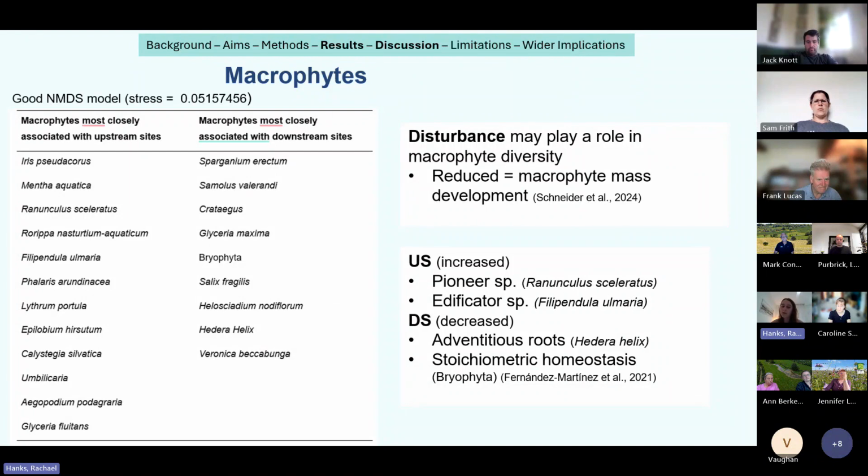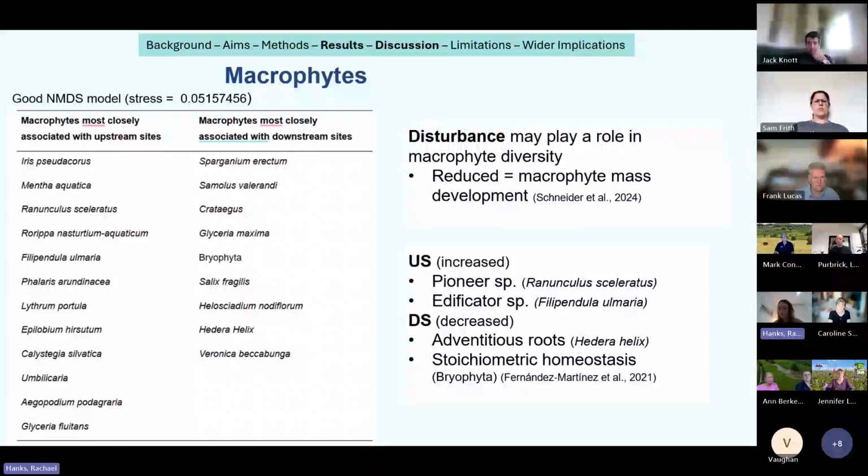When I looked into these species, it showed that maybe disturbance could play a role in what macrophyte species I was observing, as it's been shown that in areas with reduced disturbance, both anthropogenic and natural, macrophyte mass development can happen. That's when one species dominates and we see a drop in diversity.